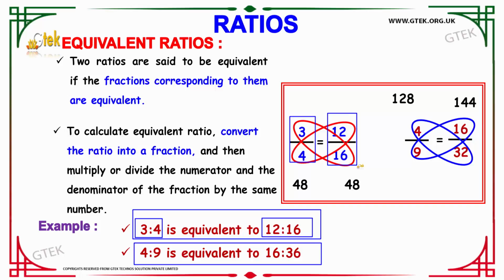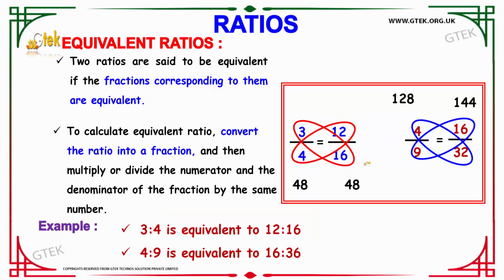Since we have converted the ratio into a fraction, we need to multiply or divide the numerator and denominator of the fraction by the same number. On multiplying, we get 3 into 16 as 48 and 4 into 12 as 48.